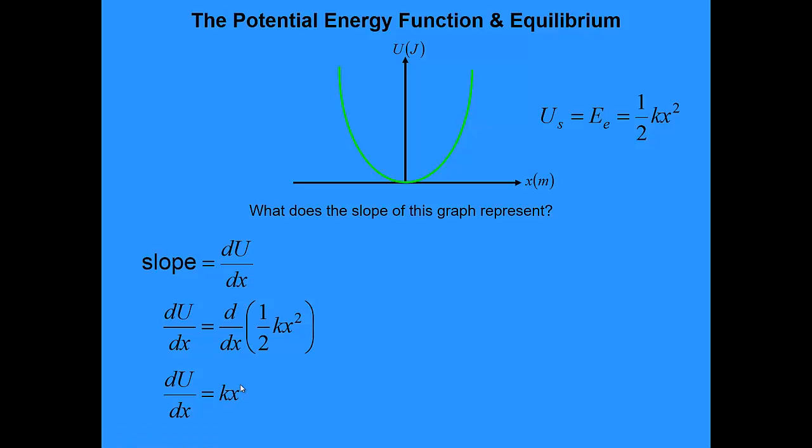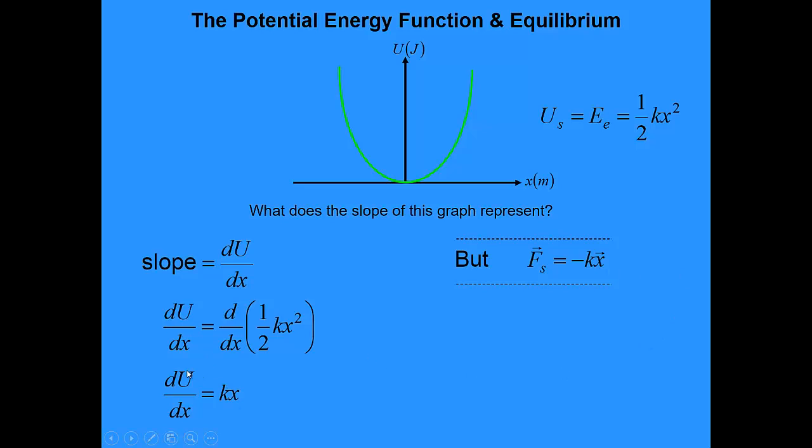But you might be saying, wait, I've seen that before. Kind of, right? Because kx is really the scalar part of a force exerted by a spring, Hooke's law, right? It's really negative kx because the force and the elongation or compression always act in opposite directions.